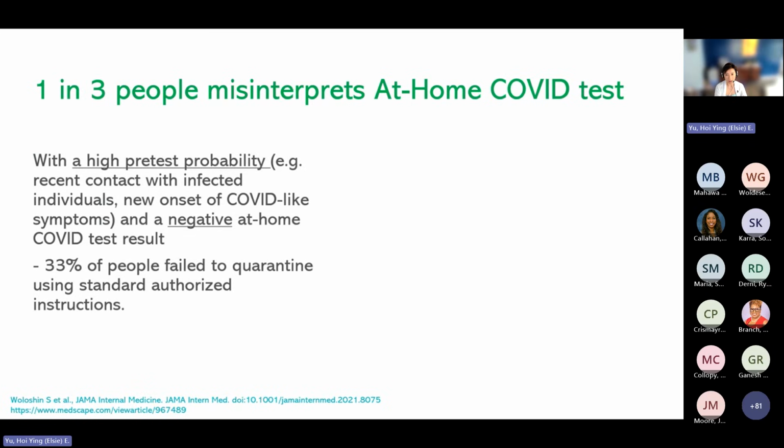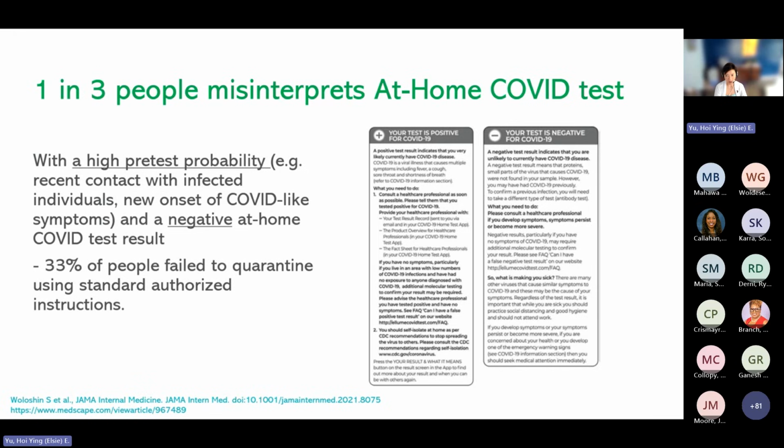In this particular study, they looked at people who have a high pre-test probability, for example, recent contact with infected individuals or new onset of COVID-like symptoms, and a negative at-home test result. In this group of patients, 33% of people failed to quarantine, even though the standard authorized instructions say otherwise. And here is how the standard authorized instructions look.